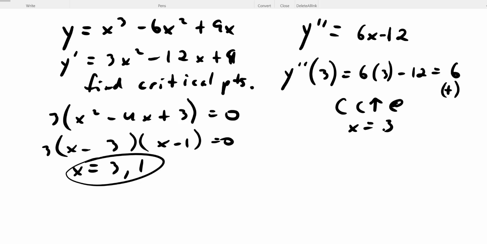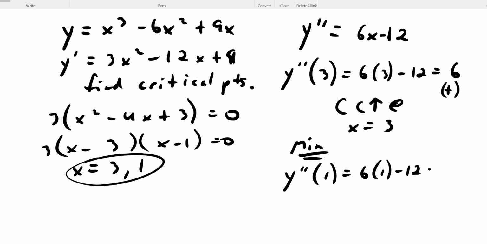That means it's a minimum point. And then y double prime of 1 is 6 times 1 minus 12, which is 6 minus 12, or negative 6. So that is negative, and it's concave down at x equals 1.